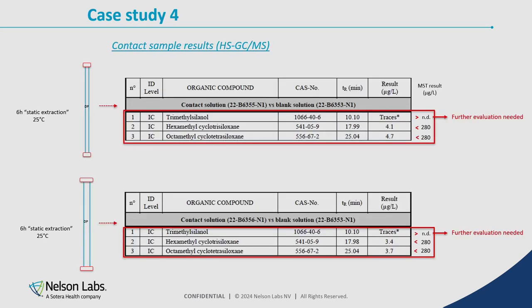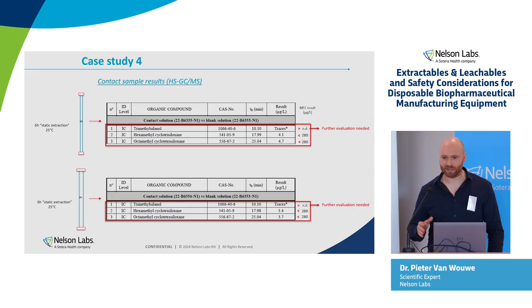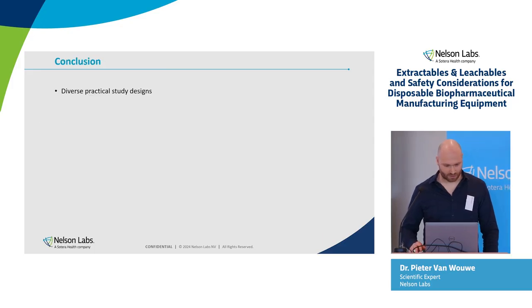And then the results of the contact samples, comparing the small tubing with the large tubing, we see a very similar result, slightly higher concentration for the tubing with a small diameter. And we saw some traces of trimethylsilanol, which we were not able to detect in the method suitability test. So again, that is something that we need to address.